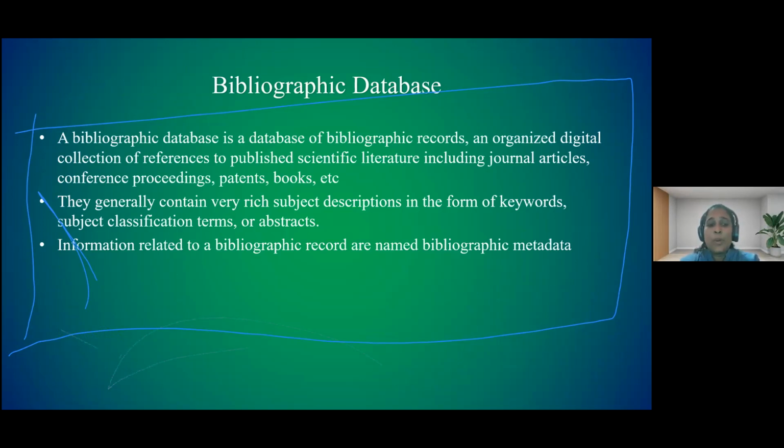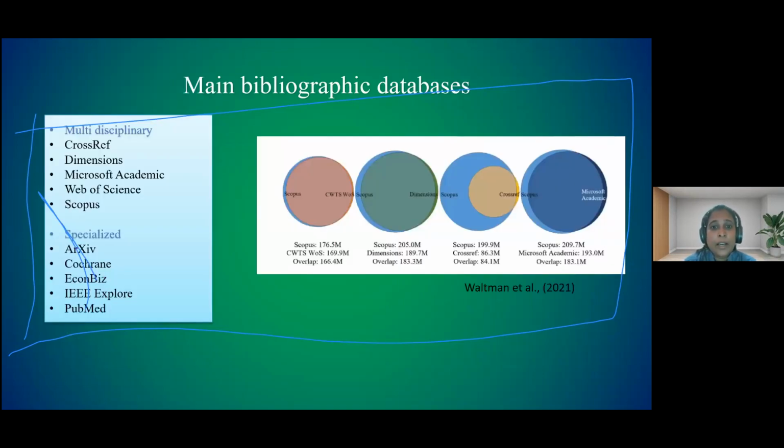One record we call bibliographic metadata. You can see the main bibliographic database is Scopus, because according to the Waltman study in 2021, a large number of articles are in the Scopus database. Then there are certain other databases also.